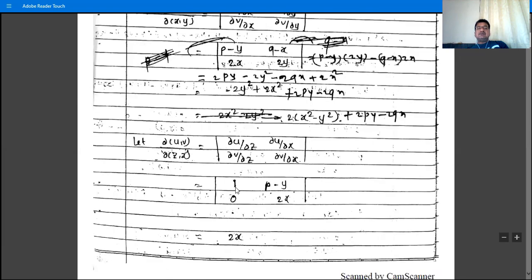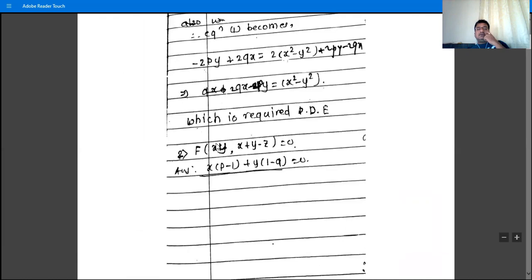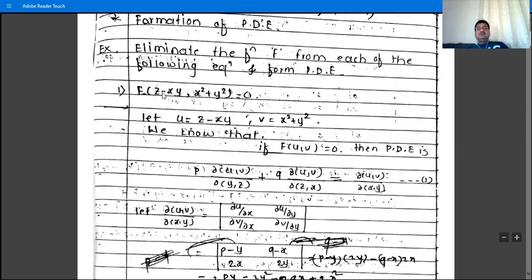So its solution is of this type: f of z minus xy comma x square plus y square is equal to 0.